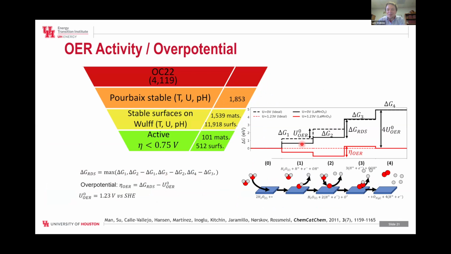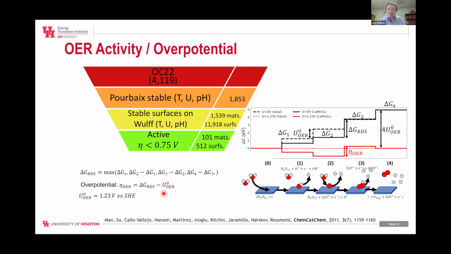So we use machine learning to estimate the energies delta G1, delta G2, delta G3, and delta G4. And then we are looking at the differences between these states, and we look at which one of these steps has the highest energy difference. And from that step, we can then extract the overpotential, or the difference between the Gibbs free energy of each state versus the ideal value of 1.23.